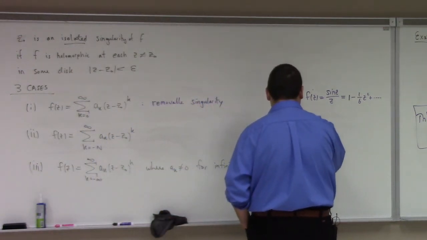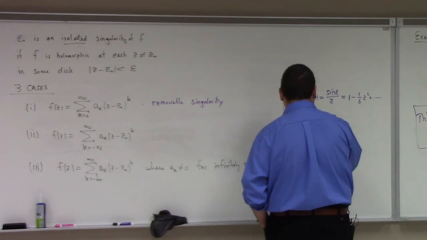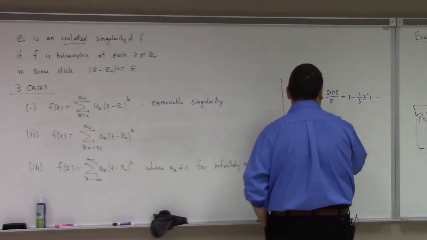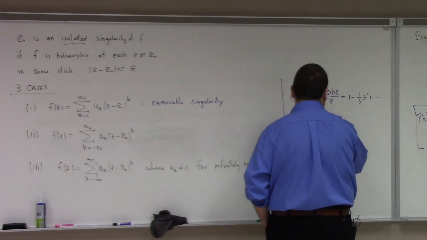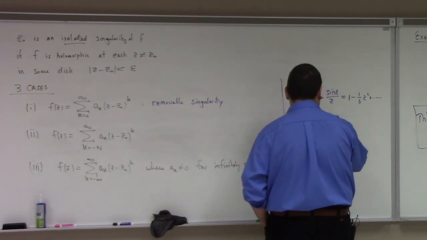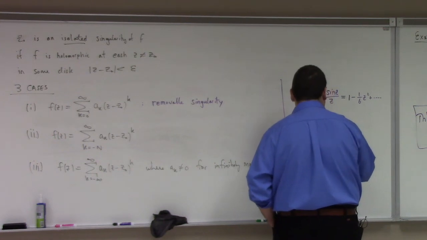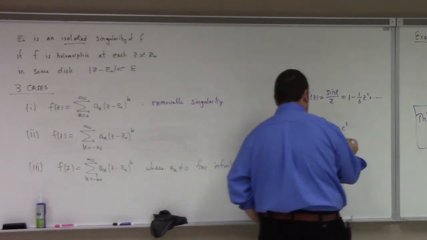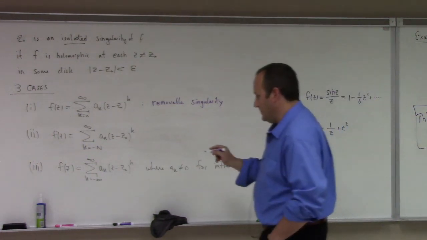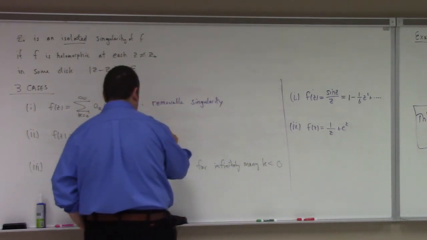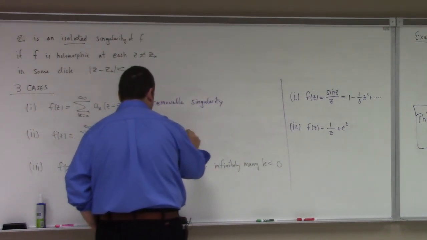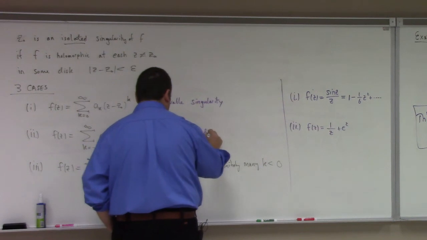Two would be something like f of z equals 1 over, let's see here, 1 over z plus e to the z, just to make it really simple. This means it's what's called a pole of order n.